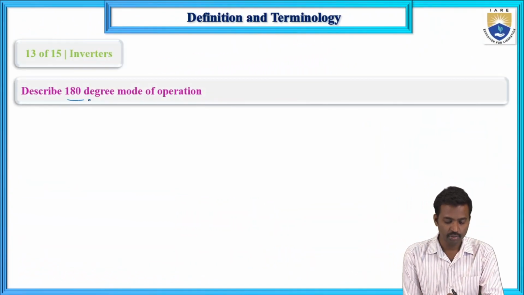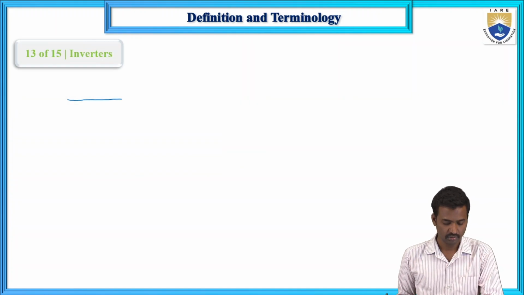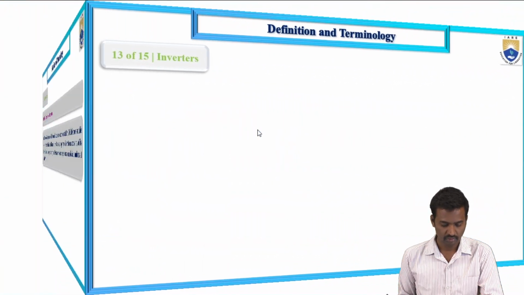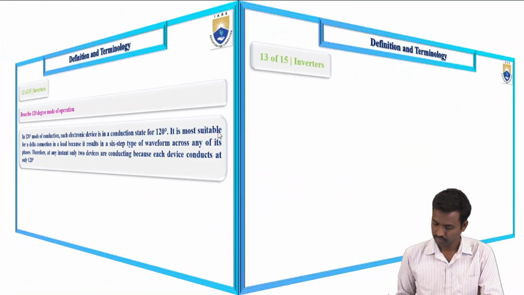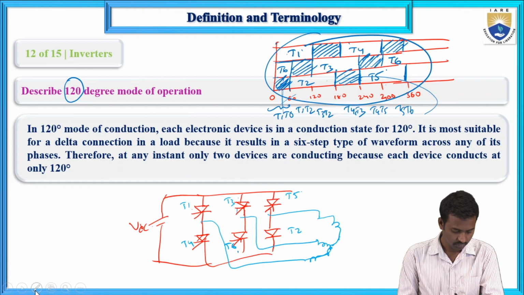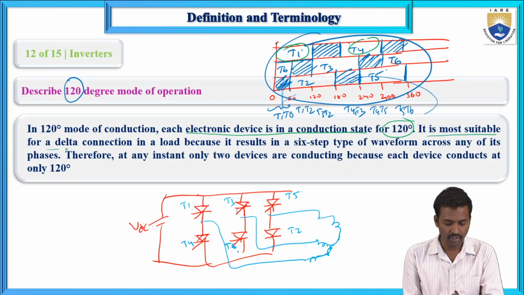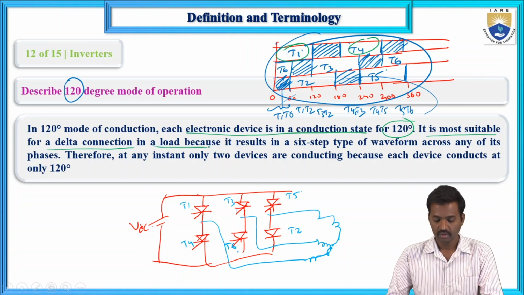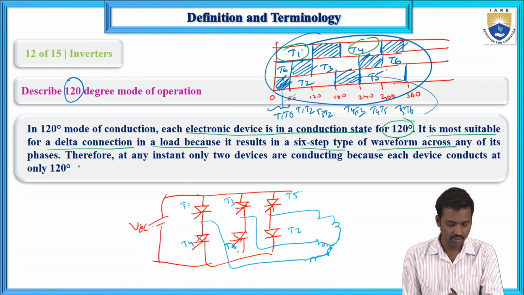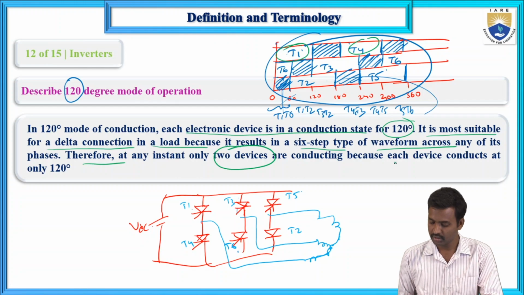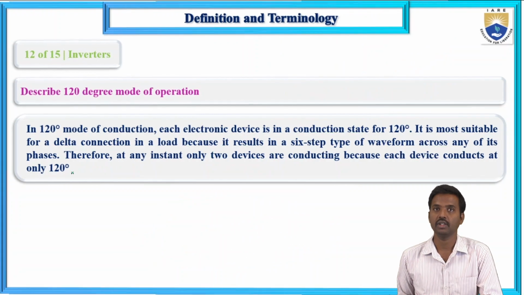Now in the 120 degrees mode of operation, each electronic device conducts only for 120 degrees, and it is suitable for delta connection in a load, with a six-step waveform for any phase, and at any instant only two thyristors conduct, because the devices conduct for 120 degrees.